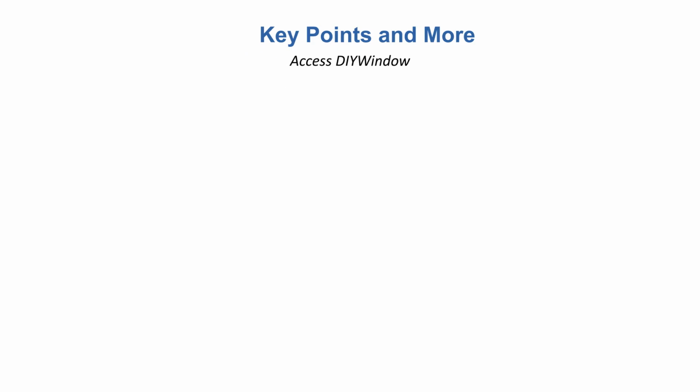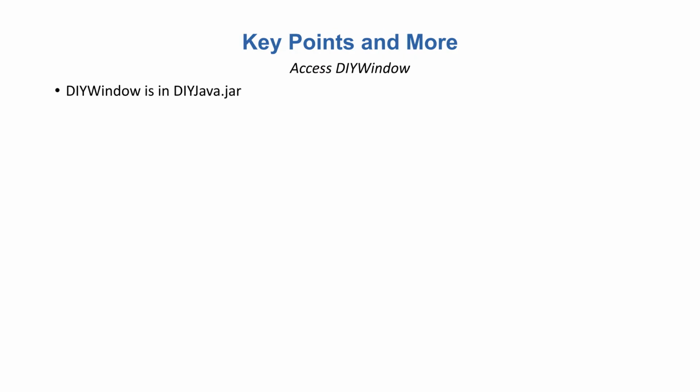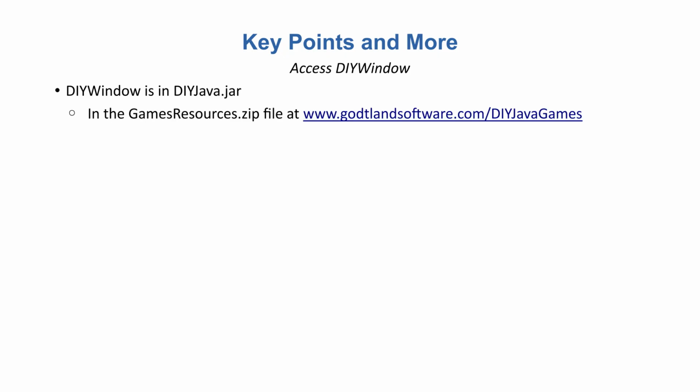Key points and more. Access DIYWindow. DIYWindow is in DIYjava.jar. You should have downloaded the gamesresources.zip file at www.gotlandsoftware.com DIY Java Games and exported its contents to your Eclipse workspace folder.